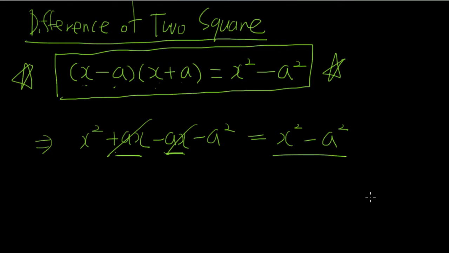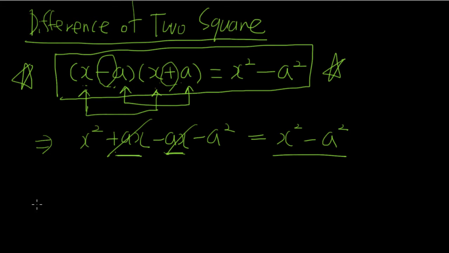The actual trick is, it doesn't really have to be x or a. The point is that the first terms have to be the same, and the second terms have to be the same, and one has to be minus, one has to be plus, then this works.